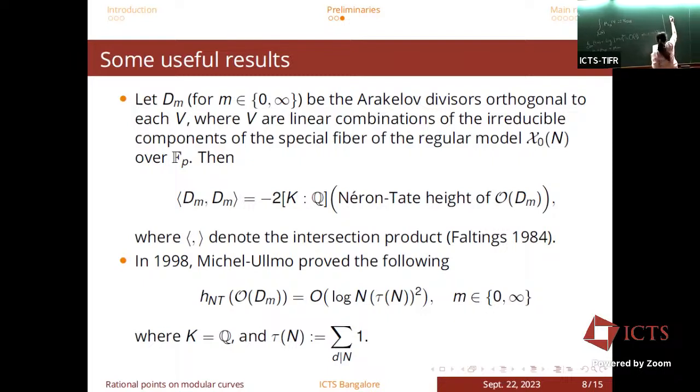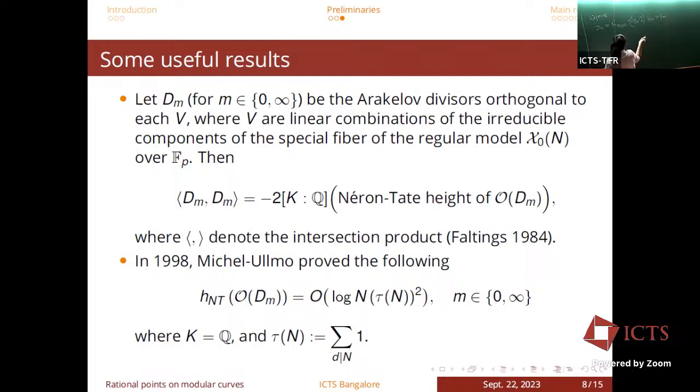First of all, we prove that D_m, the Arakelov divisor corresponding to the cusps 0 and infinity, which is orthogonal to each V, is equal to K of X_0(N) minus (2g_N minus 2) H_m plus V_m.